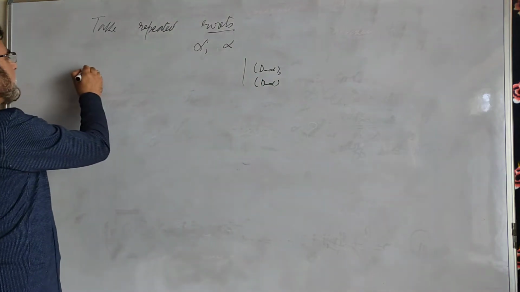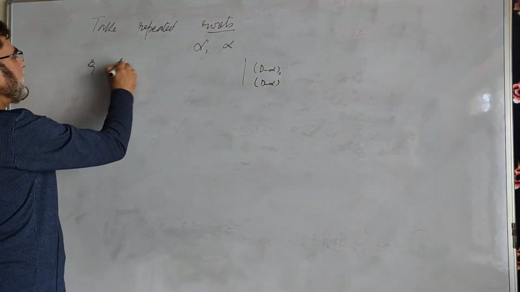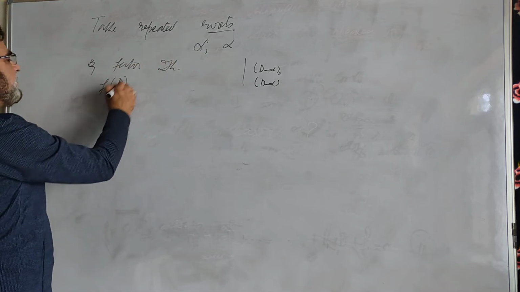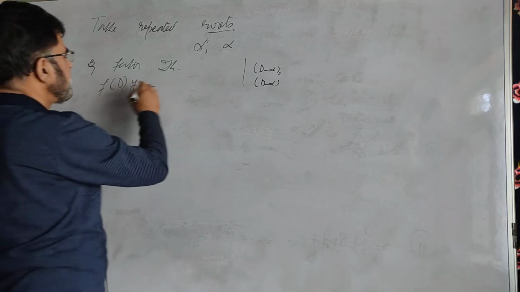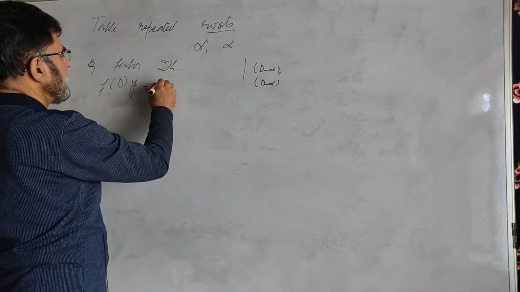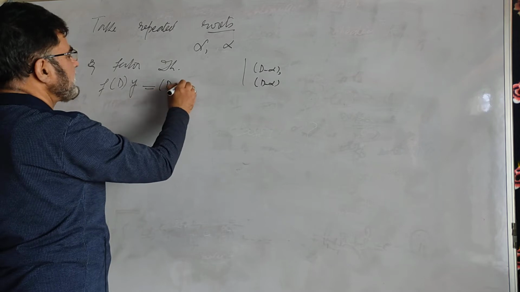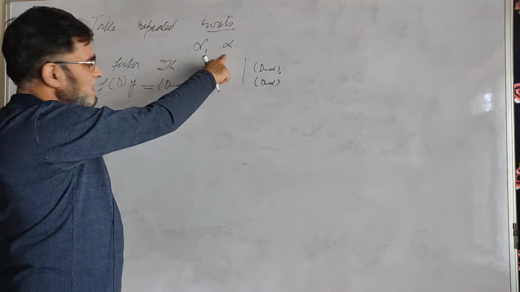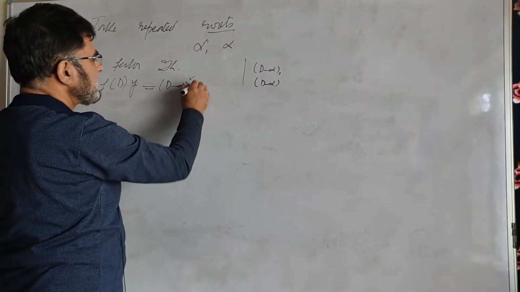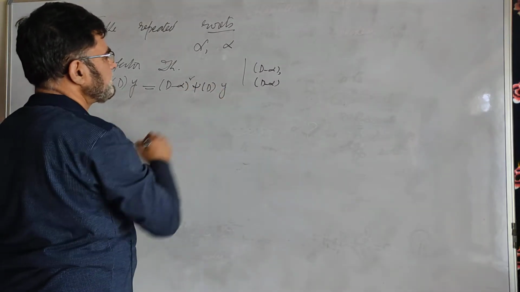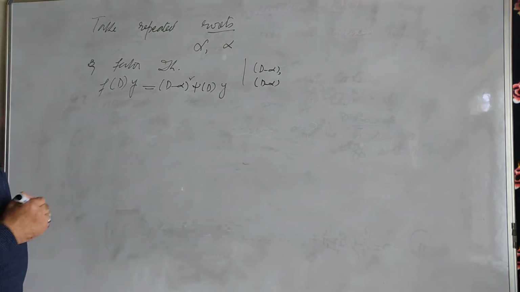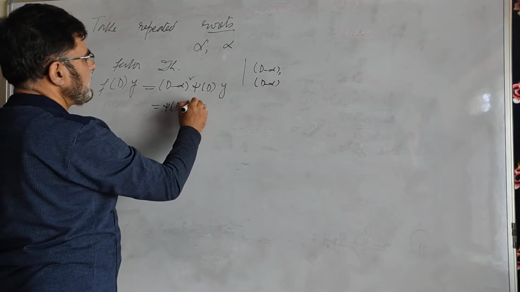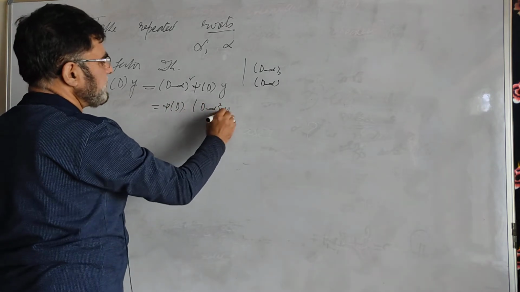So by factor theorem, you can write the equation f of D y as D minus alpha whole square, because it is repeated 2 times, so there will be 2 factors, D minus alpha square, say psi of D y. Or you can write this as psi of D into D minus alpha square y.